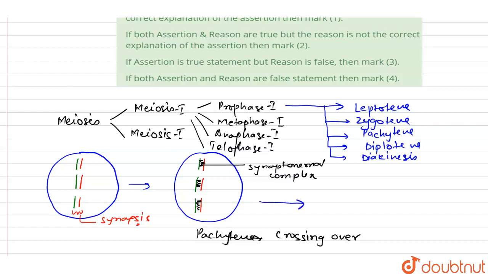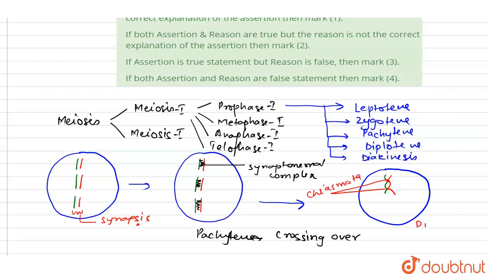Now, during the diplotene stage, this synaptonemal complex starts to break down after the completion of crossing over, but the chromosomes remain attached to each other at certain points. Chromosomes do not separate completely. These points where the chromosomes remain attached to each other are known as the chiasmata.